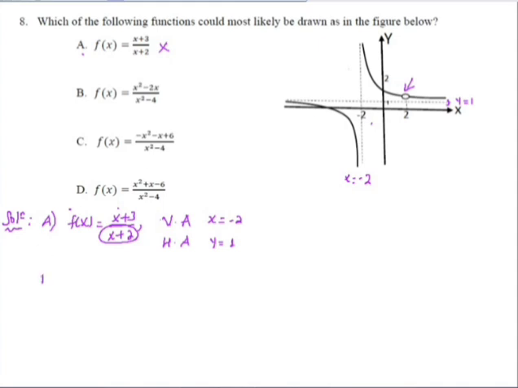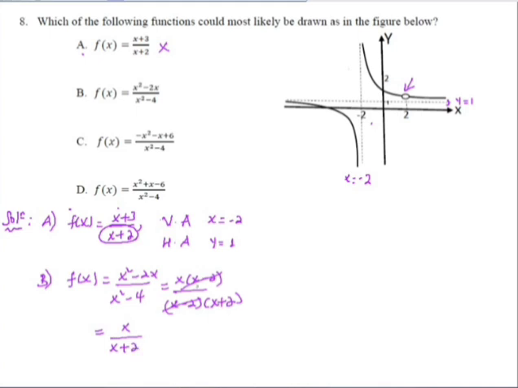So let's check the function in B. F of x equals x squared minus 2x over x squared minus 4. We rewrite this as x times x minus 2 over x minus 2 times x plus 2. You see this function will have the form x over x plus 2. Since we cancelled x minus 2, at x equals 2 there is a hole.